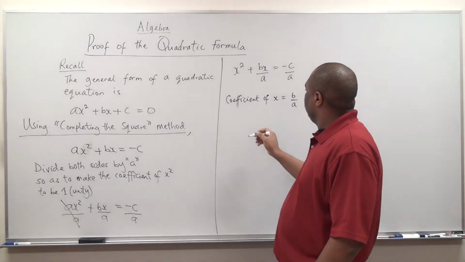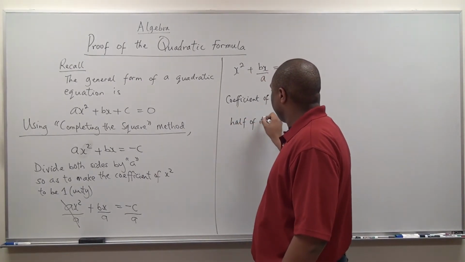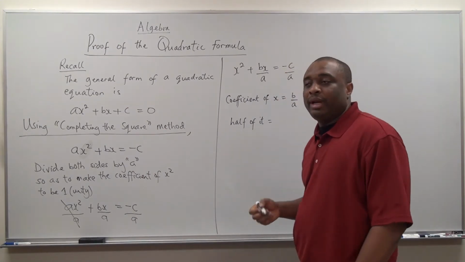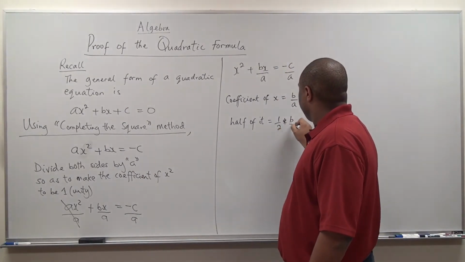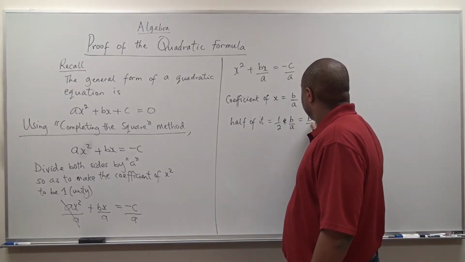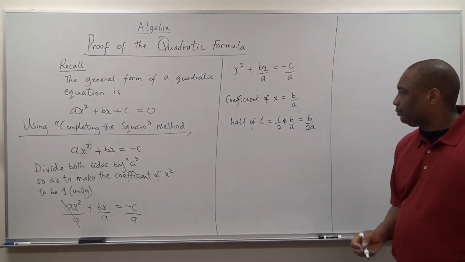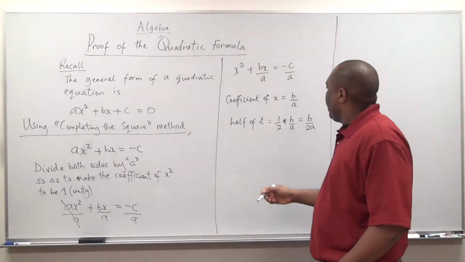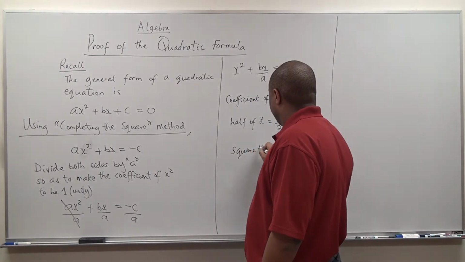Then you take half of it. Half of it means 1 over 2 times b over a. So that is b over 2a. And then square the result.